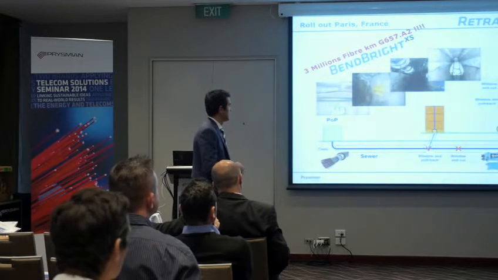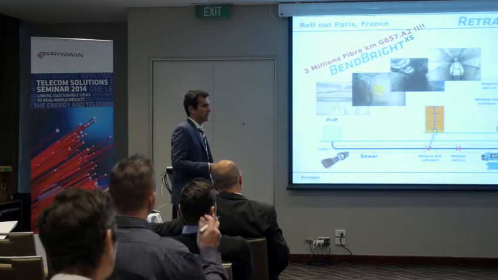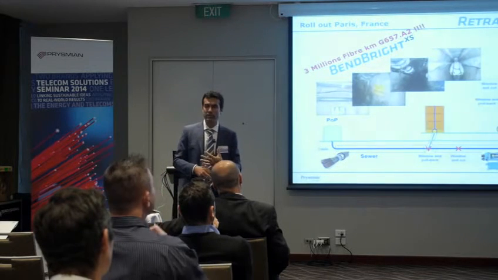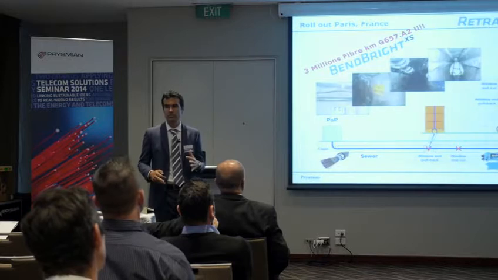The first one is that here, as we said, Free was not the incumbent operator, so they didn't have any infrastructure. So either they started to dig everywhere in Paris, an impossible adventure, or they had to find something. Luckily, they could enter into the sewers, but the sewers have some special constraints. In particular, you cannot enter in and out of the sewers anytime, so you need a permission.